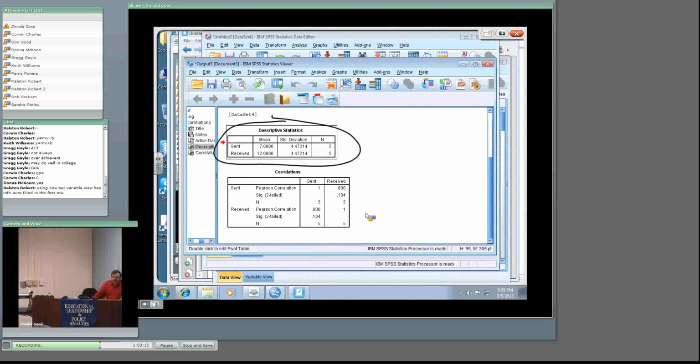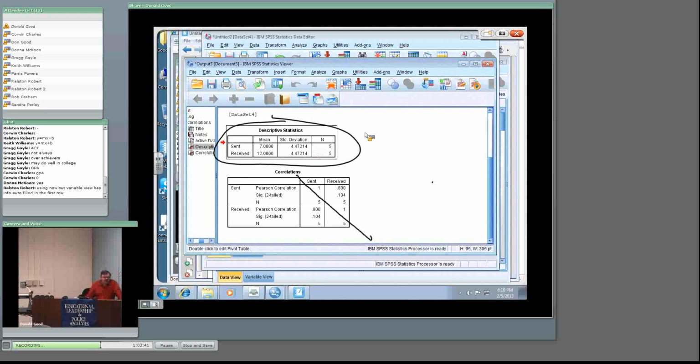The bottom matrix, the bottom chart. Notice I've got some duplicate information here. Of these 4 cells, notice the top left and the bottom right are the same, and they're 1s and 5s.